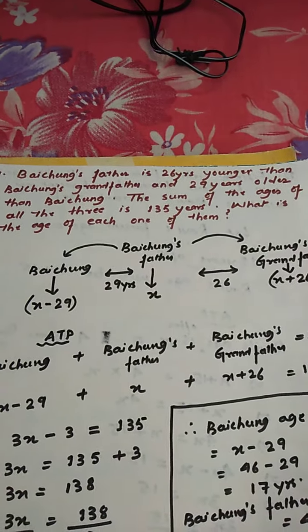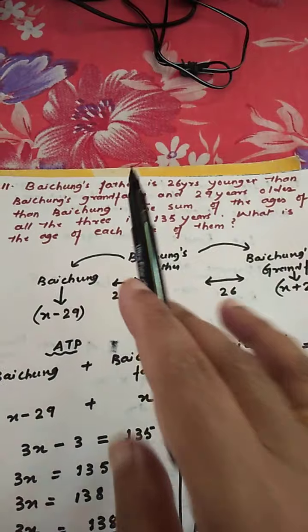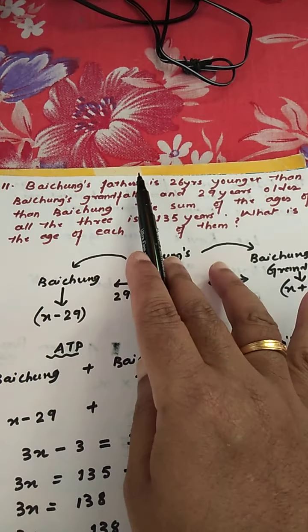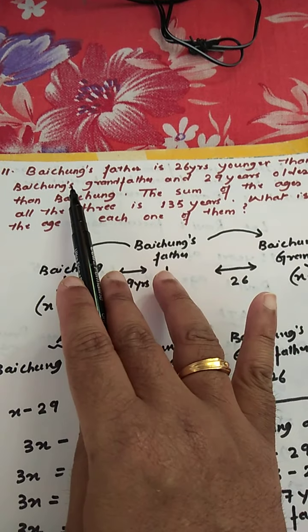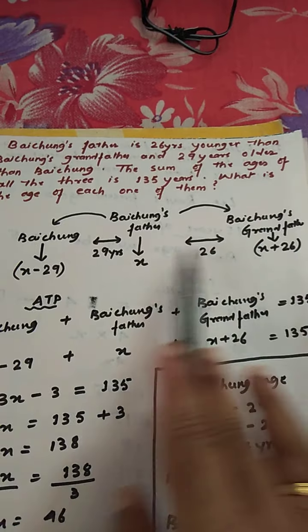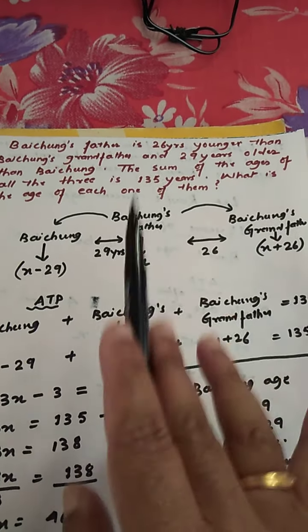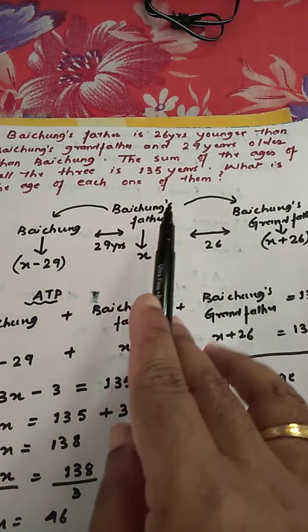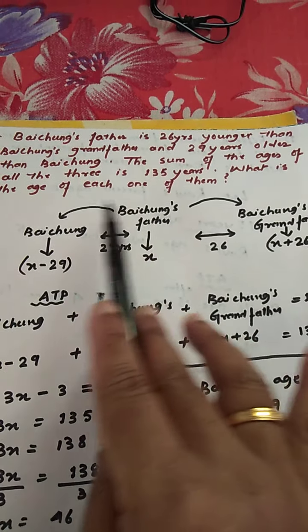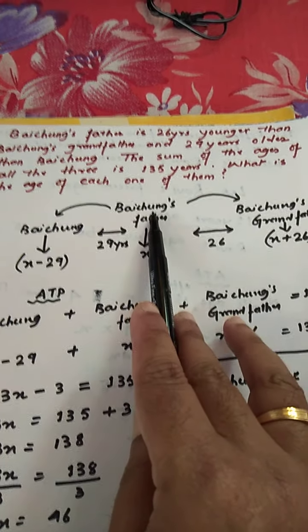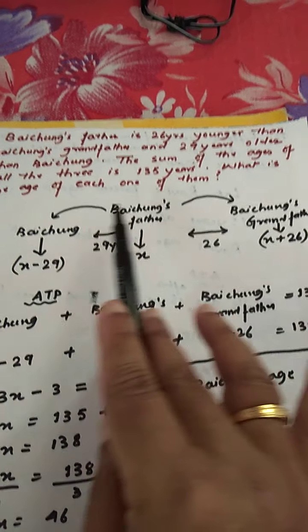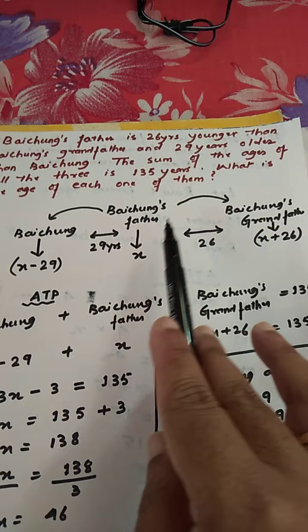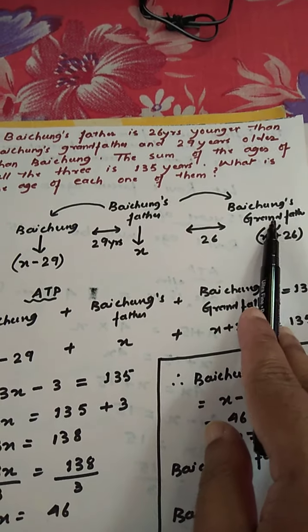Okay, now let's begin. In this question, Baichung's father's age has been compared with Baichung and also with Baichung's grandfather. So I have drawn one map, and this map will help you understand this sum. Baichung's father is 29 years older than Baichung, but 26 years younger than Baichung's grandfather.